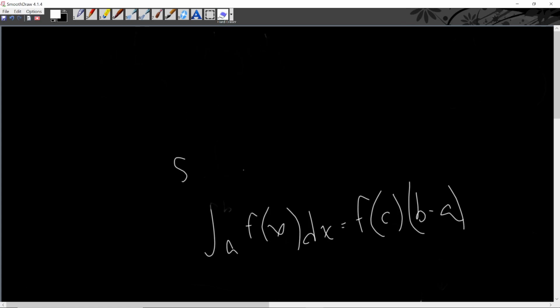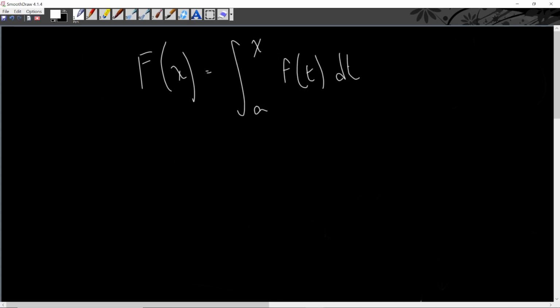So big F of x is going to be the integral from a to x of f of t dt. So let's write that out. F of x is the integral from a to x of f of t dt. And then from here, we know that F prime x is equal to f of x from our fundamental theorem.